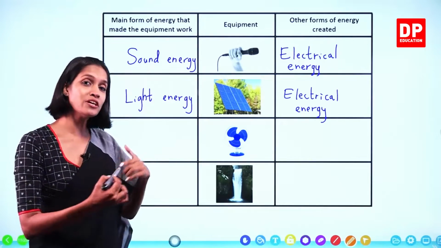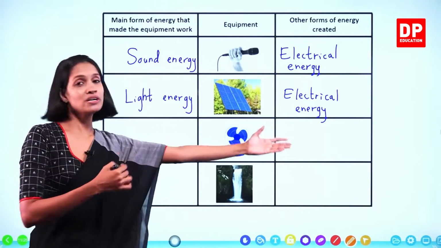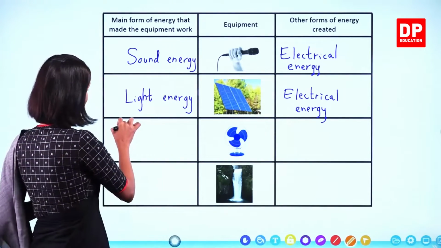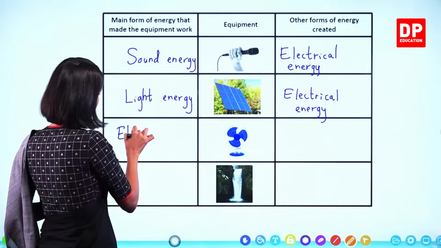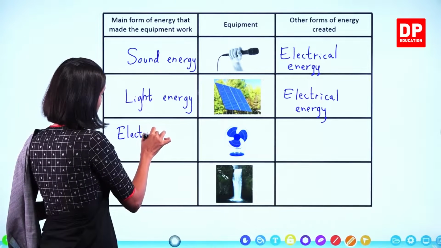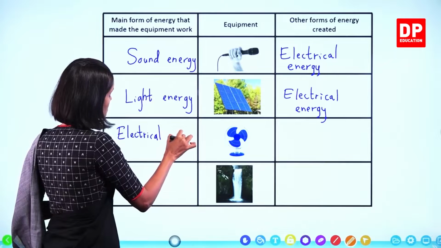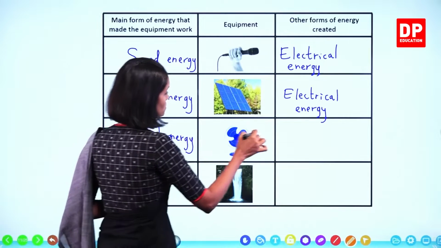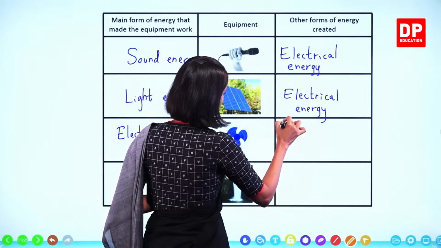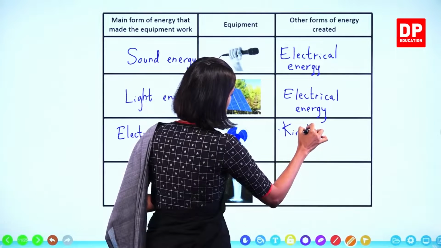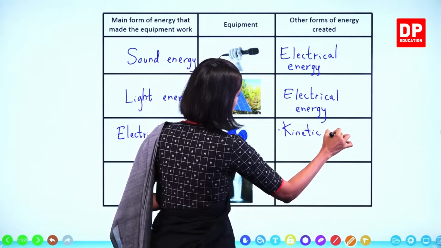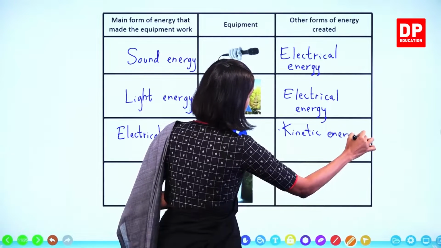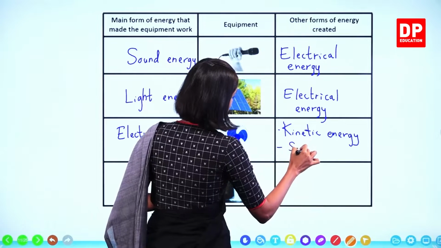But the main form is electrical energy to kinetic energy, right? Electrical energy into kinetic energy and sound energy.